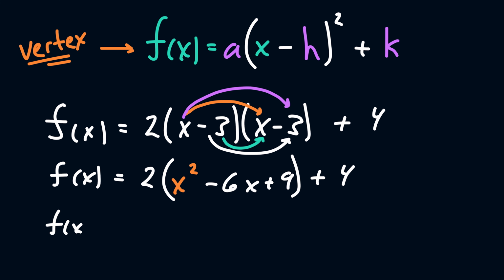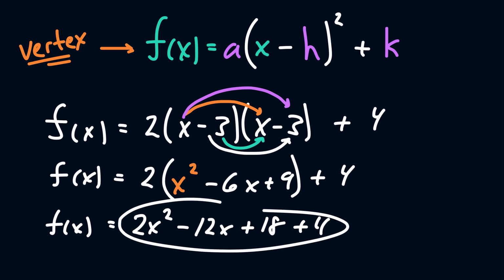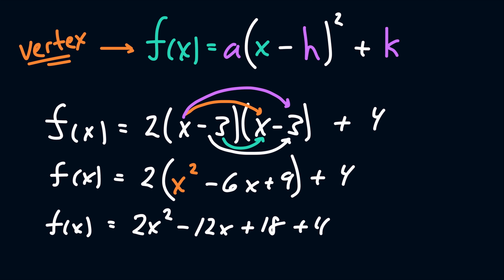I'm going to take the 2 times the x squared, then the -6x, and then the 9. Let's write that result out. So it's going to be 2 times x squared, which is going to be 2x squared. Then 2 times -6x, which is going to be a -12x. Then 2 times +9, which is going to be a +18. And then, lo and behold, bring down the 4. Now, can I combine anything? Sure I can. I can combine the 18 and the 4, and that will be now 22. So that'll be a +22.